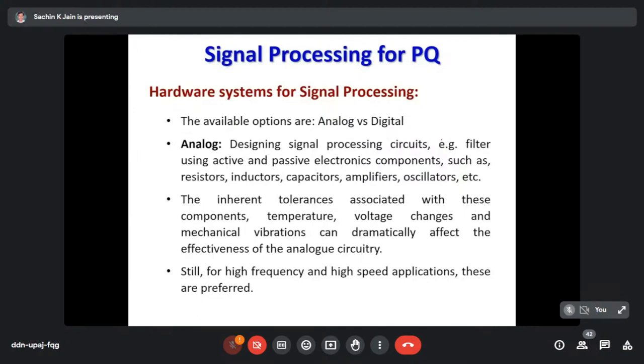Either go for analog processing or digital processing. Now, analog processing, as I discussed in the previous session's last concluding slide, is designed using filters, using active and passive components like resistors, inductors, amplifiers, and oscillators.